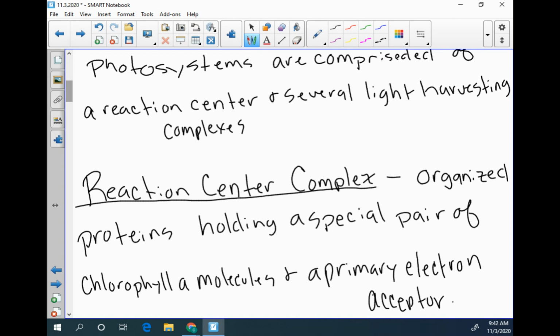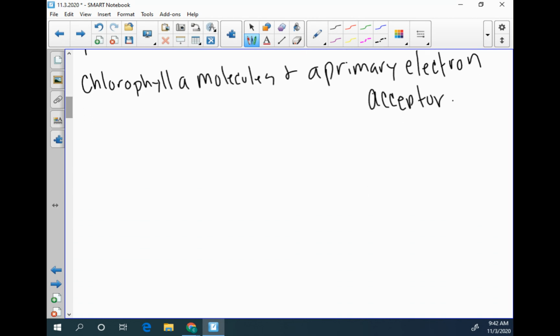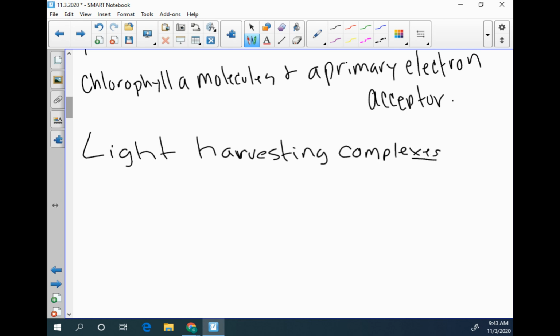And then we have our light harvesting complexes. As we talked about yesterday with our pigment molecules, they are the best at getting that light absorbed. So our light harvesting complex is just various pigment molecules bound to proteins.